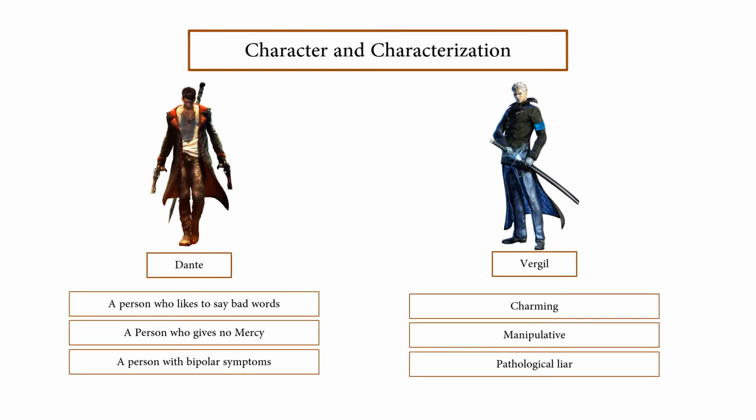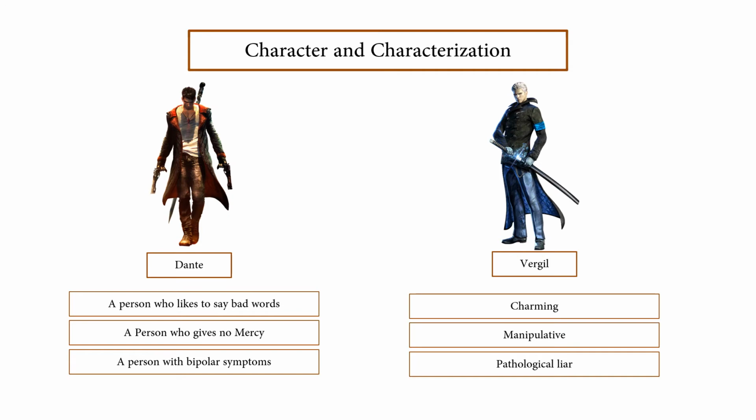Here are the characters. The first twin brother is called Dante, and the other one is called Virgil. Through representations of color and posture, the characters symbolize two opposing personality traits.